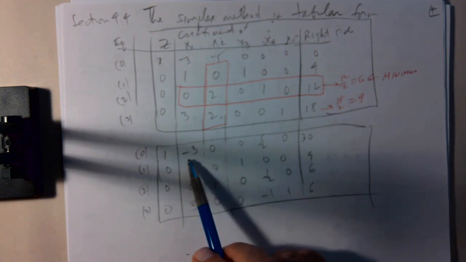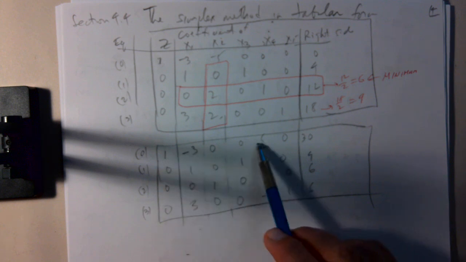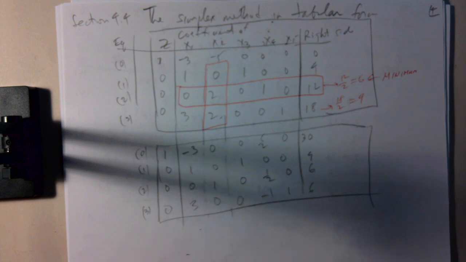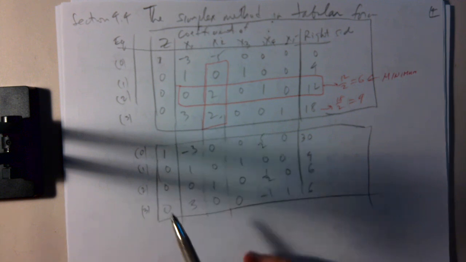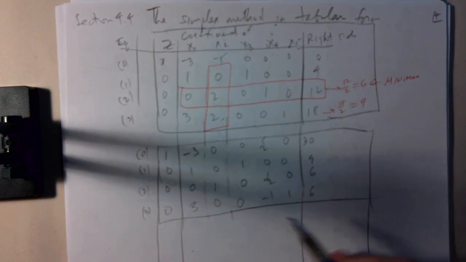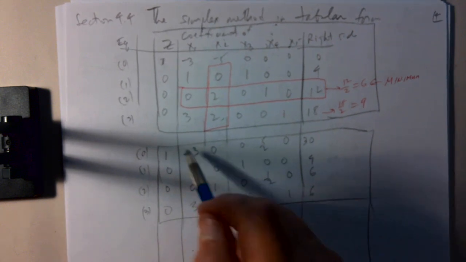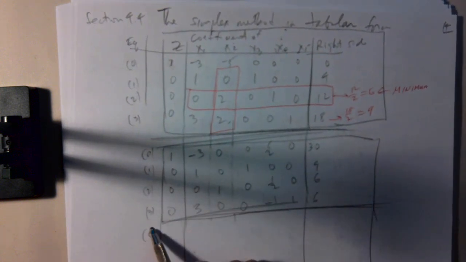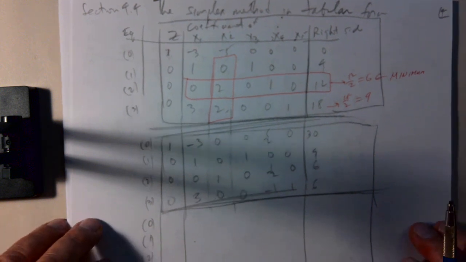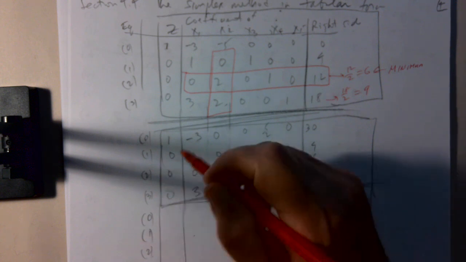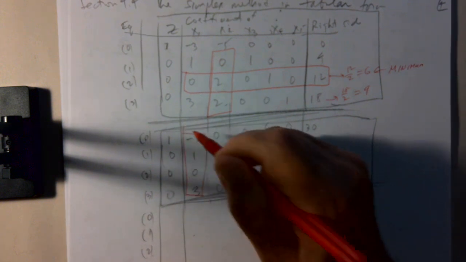Now in this table, I look and see in my 0, do I have a negative coefficient? Yes, minus 3. So I'm going to now work with the variable x1.